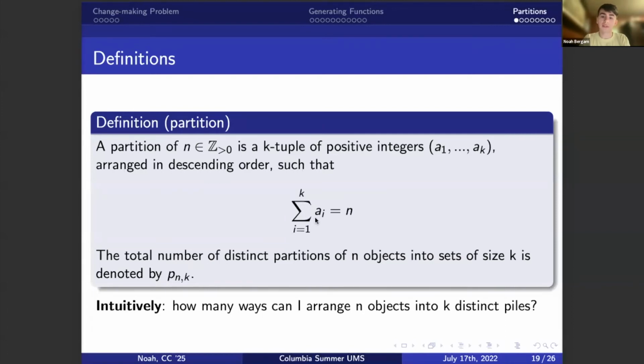And we have the fact that 2 plus 1 is 3. So, okay, we can think about this in terms of specific sets of size k. For example, the number of ways we can distribute n objects into k piles is denoted by p of n comma k, right? Because there are two things at play: the total number of objects and the total number of piles that we're splitting it into.